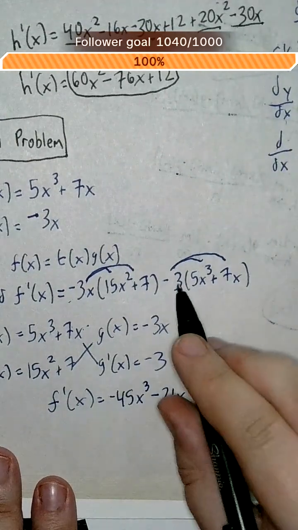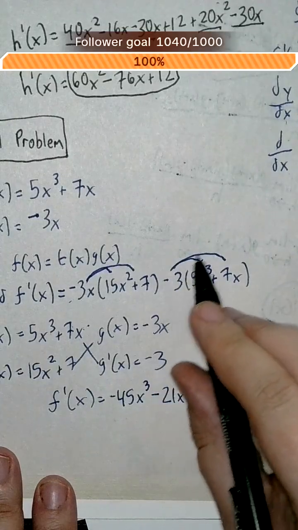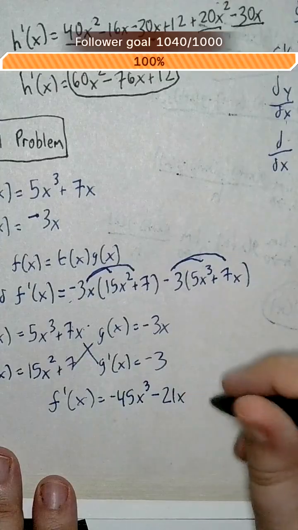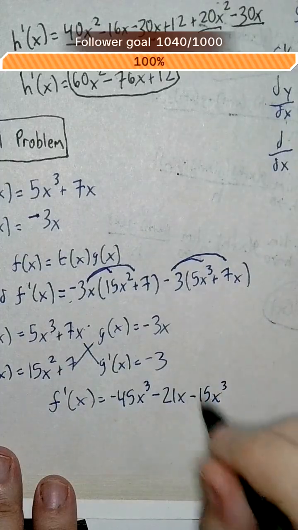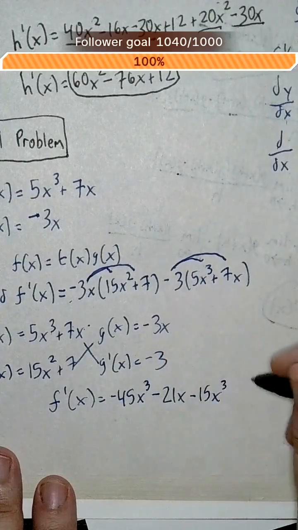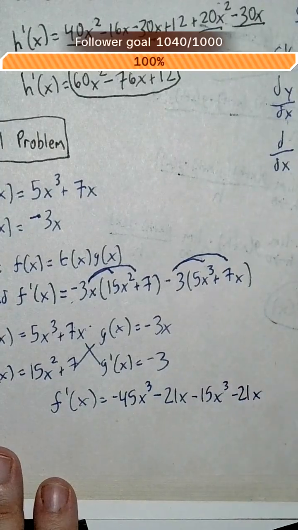And then when I distribute in that negative 3, I get negative 3 times 5x cubed, which is negative 15x cubed, and negative 3 times 7x is another negative 21x.